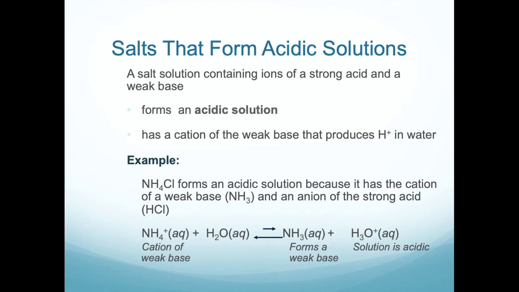Now you've probably noticed that there's a fourth situation where you could have a weak acid and a weak base react. That's a little bit beyond the scope of this class. In order to calculate what's going to happen, you need to know the Ka and the Kb of your weak acid and your weak base.